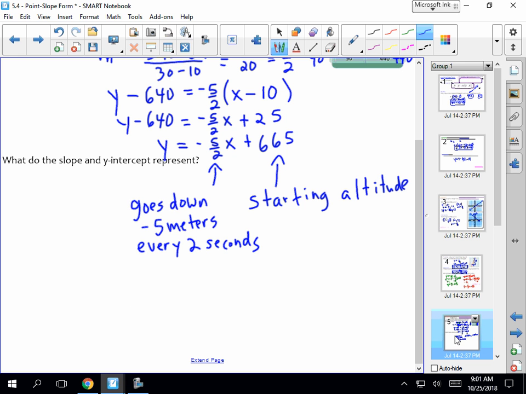And if you wanted it in meters per 1 second, you would just do the division. It would be 2.5 meters per 1 second, and you might write it that way. That's usually how it would be written. We'll put an or here, or 2.5 meters per second descent rate.